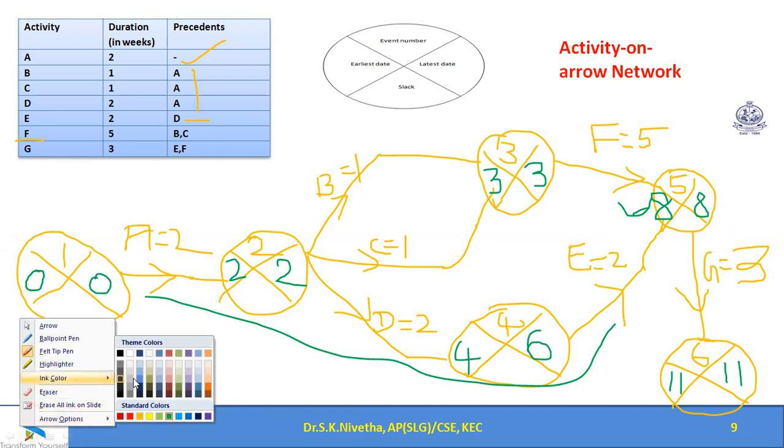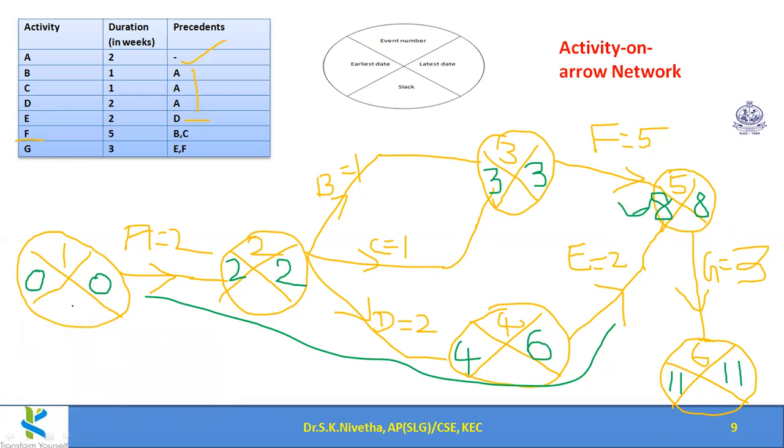So now we shall fill up the slack value. Slack value 0 minus 0, 0. 2 minus 2, 0. Here 3 minus 3, 0. Here 6 minus 4, 2. And 8 minus 8, 0. 11 minus 11, 0. So you could see only this activity is not critical.